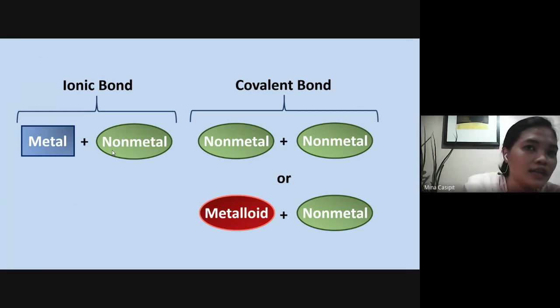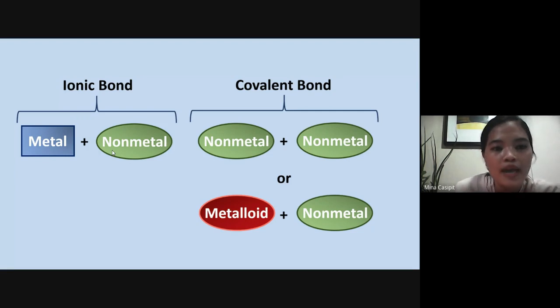Mamaya, check po natin kung ano yung mga elements na pwede nating ma-form into a ionic compound. And covalent compound naman, it is bonded by a covalent bond. It is formed when there is non-metal plus non-metal element or metalloid plus non-metal element. Okay na po ba?